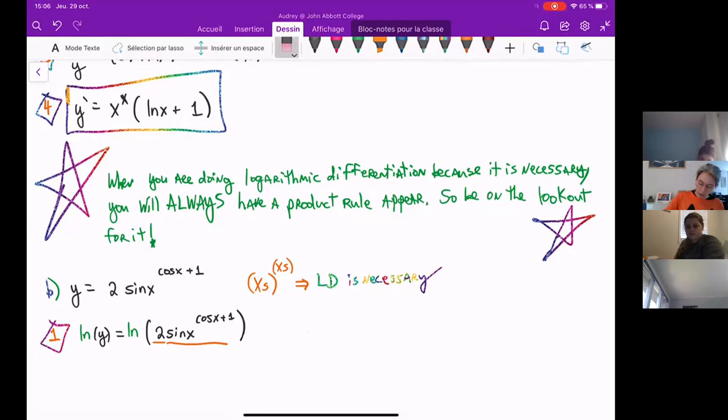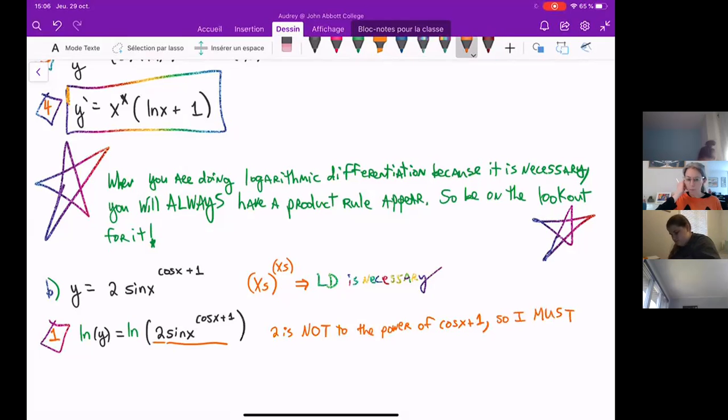No. So here, 2 is not to the power of cosine x plus 1. So I actually must separate it away before I can bring the power down. And this is why yesterday I told you guys that you really should get comfortable with thinking of constants as their own thing. Because if that constant is there, it stops me from bringing the power down.